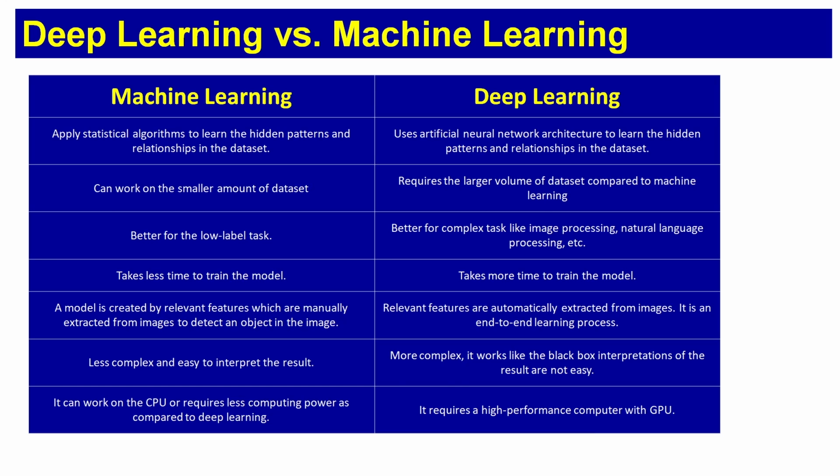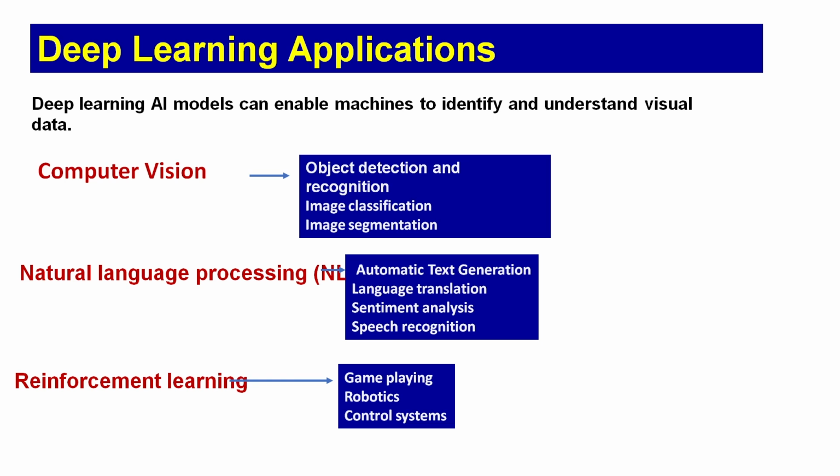And I already talked about the difference between applications of deep learning and machine learning. I will just tell you that the first important aspect is computer vision, where we can detect objects and recognize them, like image classification and image segmentation. In image segmentation, you must know that we can segment the images into different parts. NLP, or natural language processing, is very important.